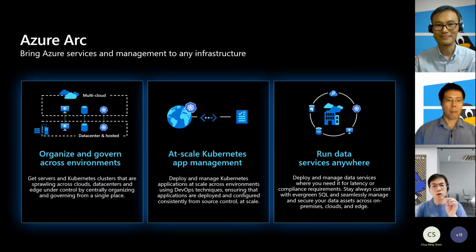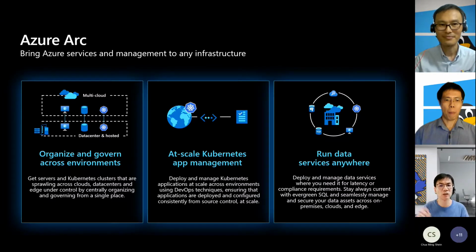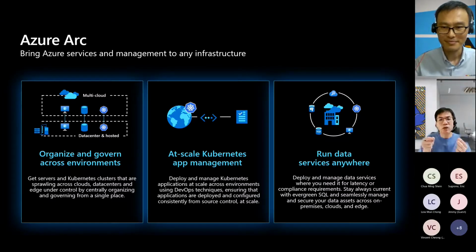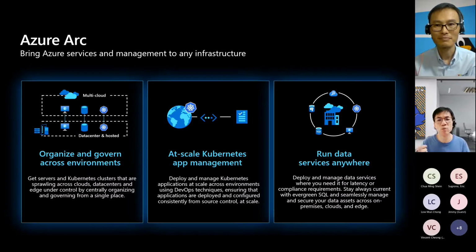Now you can leverage cloud native app deployment practices, meaning that you can use DevOps techniques to deploy and manage Kubernetes apps at scale, and make sure they are configured consistently as you build your Kubernetes-based applications.